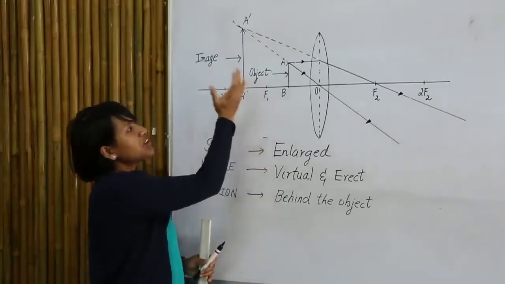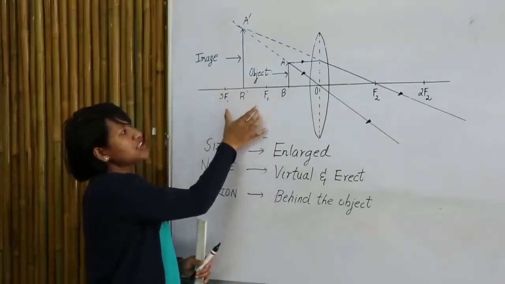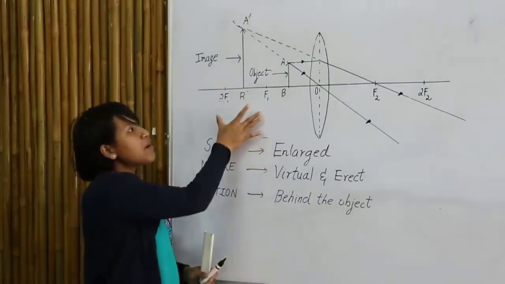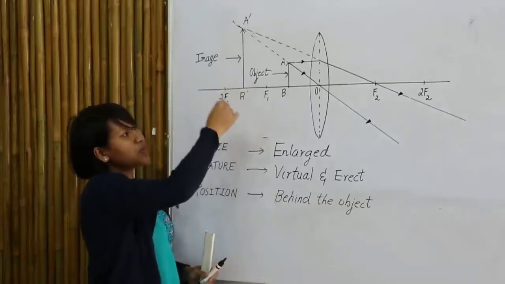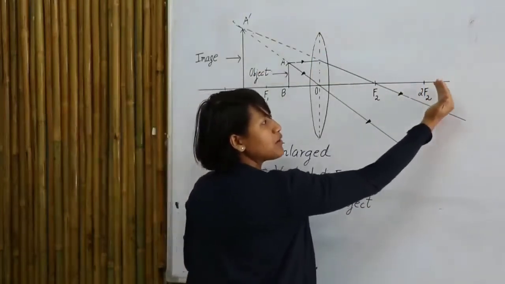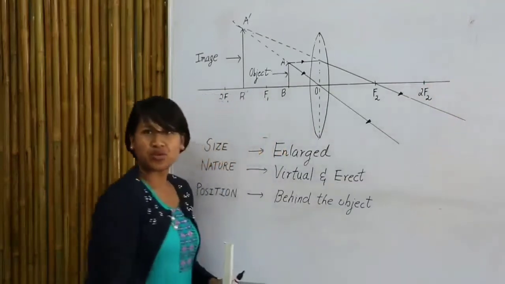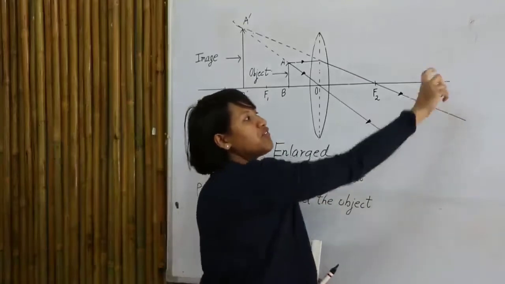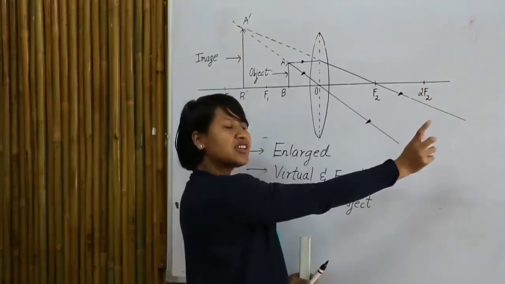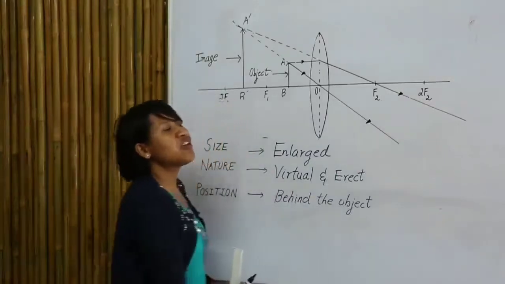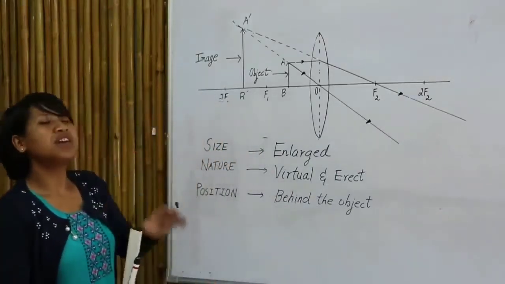Then you move to the case where the object is placed between f1 and 2f1. Now what happens to the image? The image will form beyond 2f2, not exactly here but beyond this. The nature of the image will be real and inverted, and the size will be enlarged.